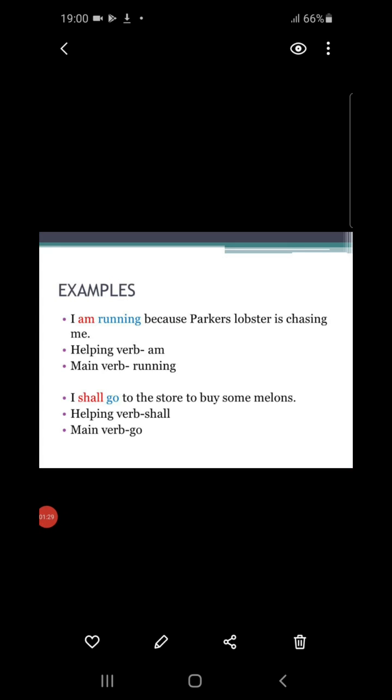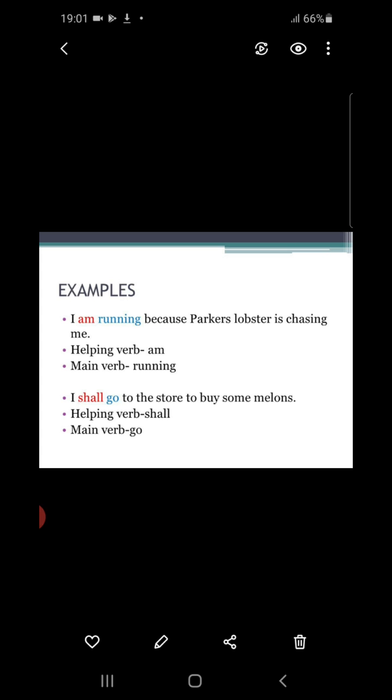Examples: I'm running because Parker's lobster is chasing me. Students, over here, am is the helping verb, and running is the main verb. So am is basically supporting the word running.